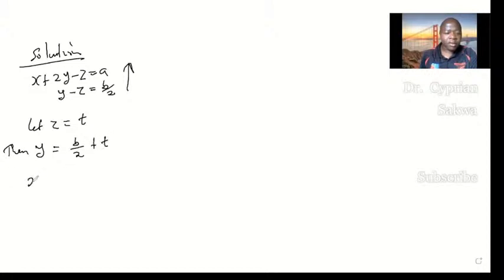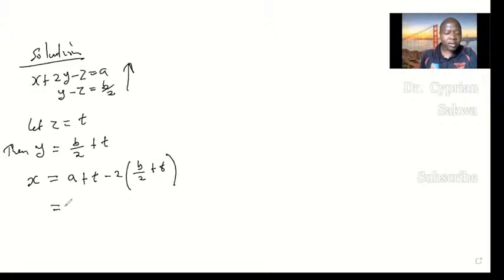What about x in the first equation? In the first equation, x is a. If z was to cross the equal sign, it would be plus z, but z is t. And if 2y were to cross the equal sign, it would be negative 2y. But what is y? y is b out of 2 plus t.